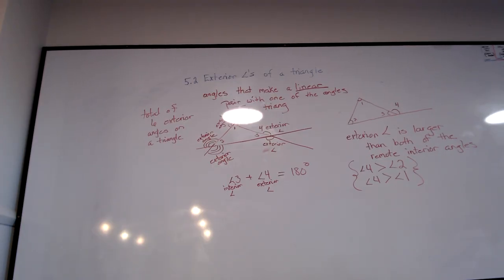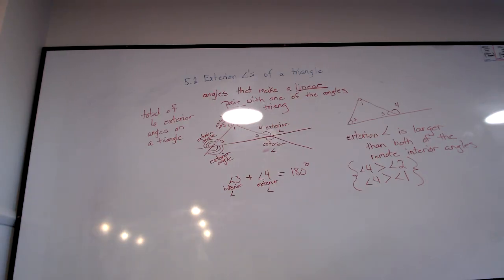Okay? So tell me a little bit about this. Angle 1, angle 2, and angle 3. Know anything about those three? Yes. Together they equal 180. Yes, they do. And then one interior angle and an exterior angle equals 180. Yes.